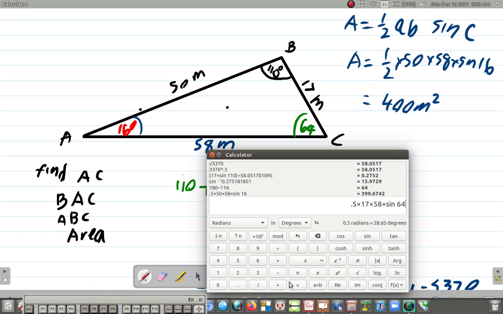Sine 64 equals, we get a little more than 400, 443, rounding off. And then if we try it with this, we have 0.5 times 50 times 17 times the sine of 110, which equals 399. This one is much closer. So there we have it.